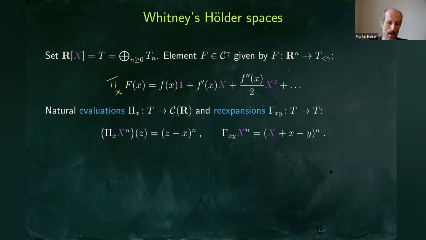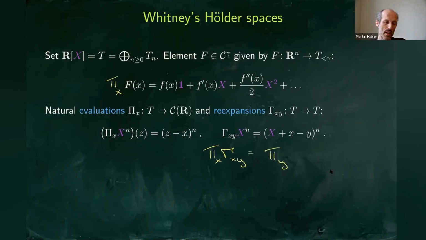And so I have a map gamma xy which performs that re-expansion. I can view this gamma xy as a map from t to t. It's just the map which guarantees that pi x gamma xy is equal to pi y.